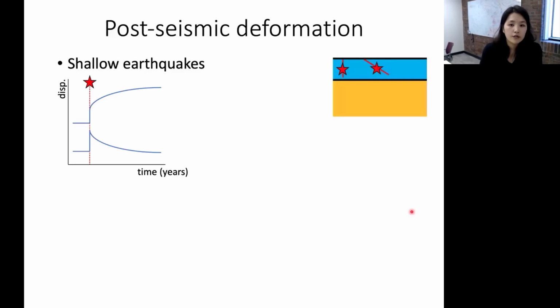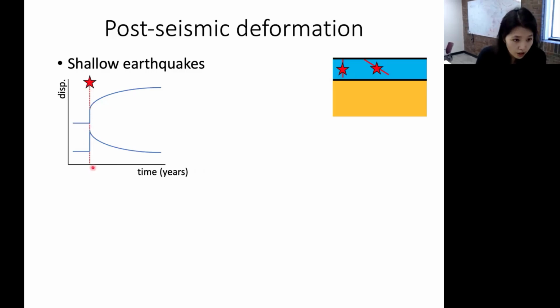If you have an observation point at the surface, for example a GPS station, what will happen is this time series you see here, where we have the time axis and displacement on the y-axis, and the dashed line and the star mark the earthquake timing.